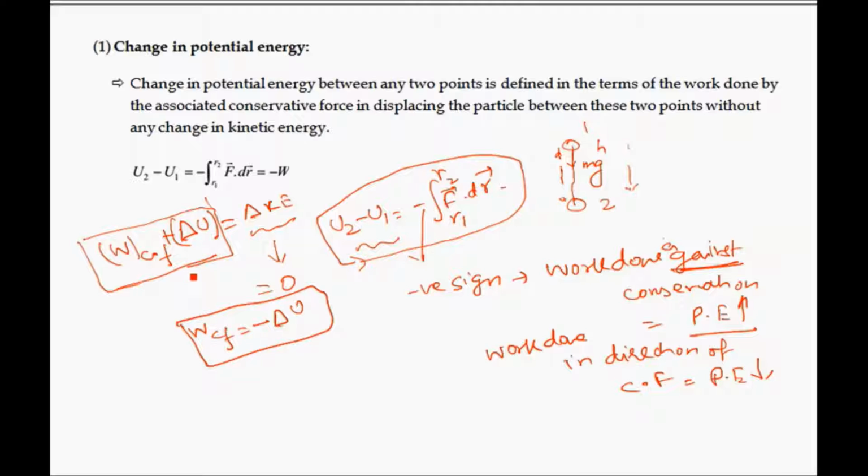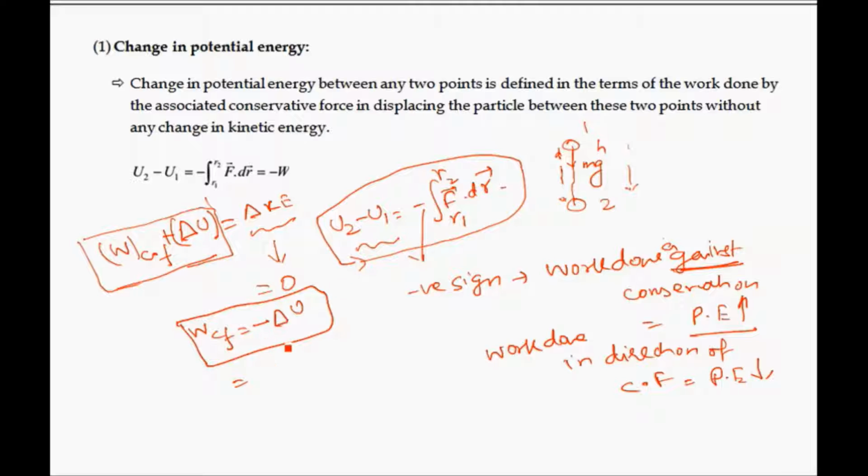So I think this formula is clear to you, that the change in potential energy will be equal to minus of the work done by the conservative force. If the force is constant, we just straight away take the force outside.